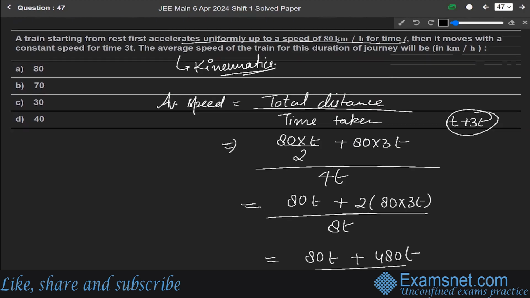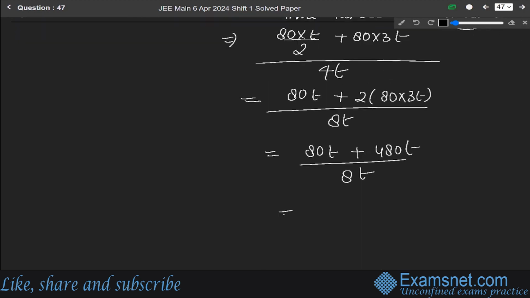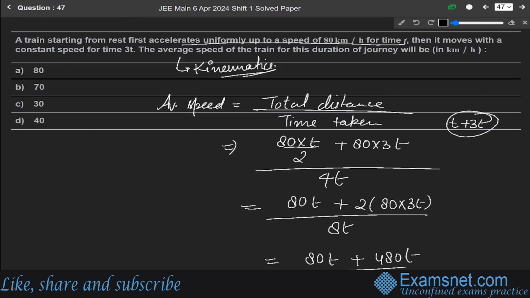Okay, and this will become 560t over 80. T cancel. 8 sevens are 56, means 70 kilometer per hour. Okay, this is the final answer. Option B is the correct option.